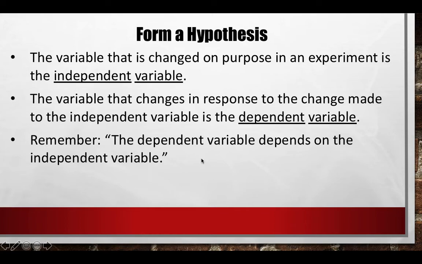So the best way to sum this up is to remember this little phrase right here. If you memorize it, then you will understand independent and dependent variables much more easily. And that is that the dependent variable depends on the independent variable. That's why it's called the dependent variable.